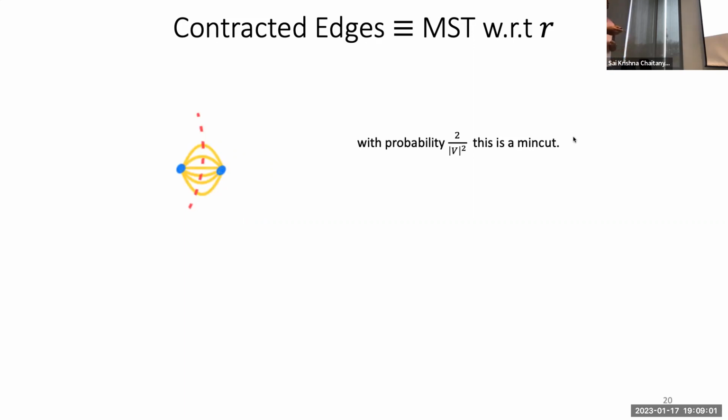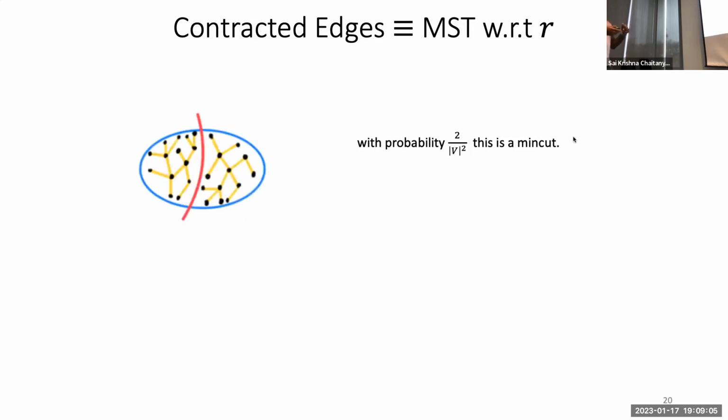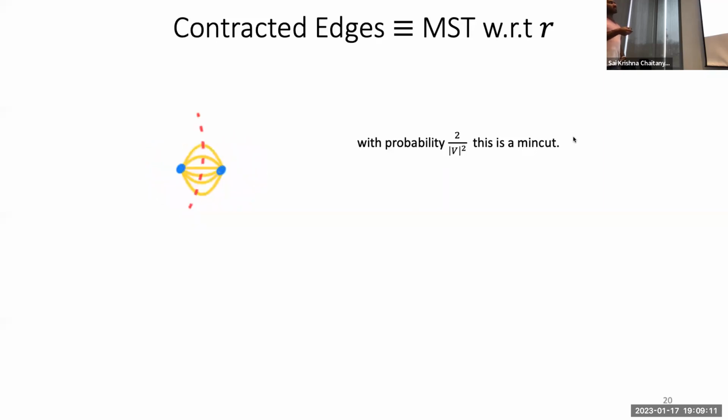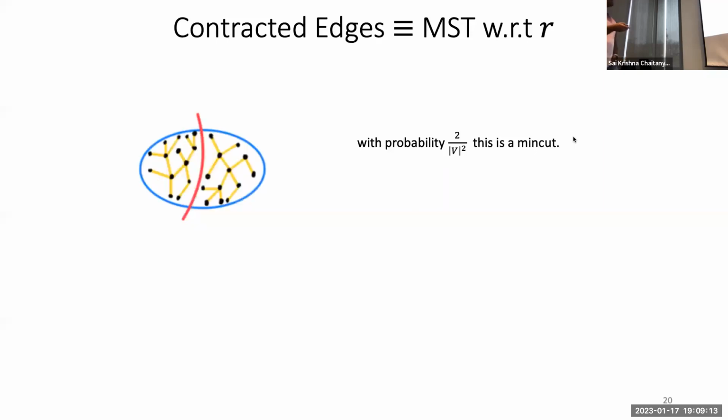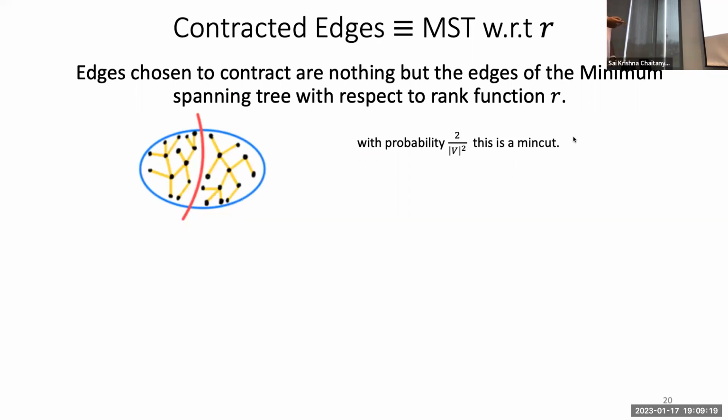Now let's unpack these meta vertices into the edges that were contracted. All these edges together contracted to that meta vertex, and these together contracted to this meta vertex. What are these edges? Basically, these edges are nothing but the edges of the minimum spanning tree with respect to the random rank function.